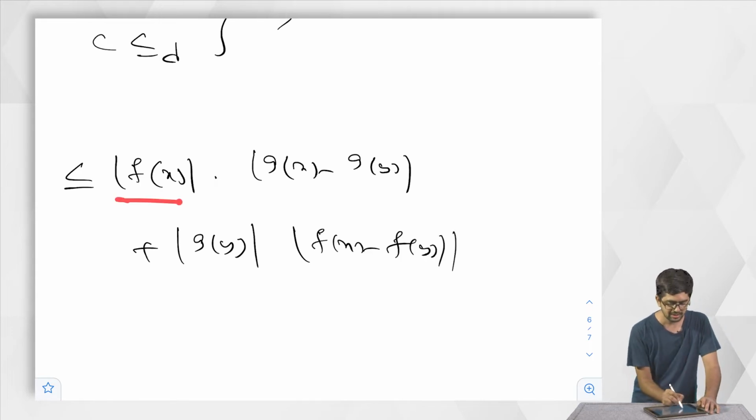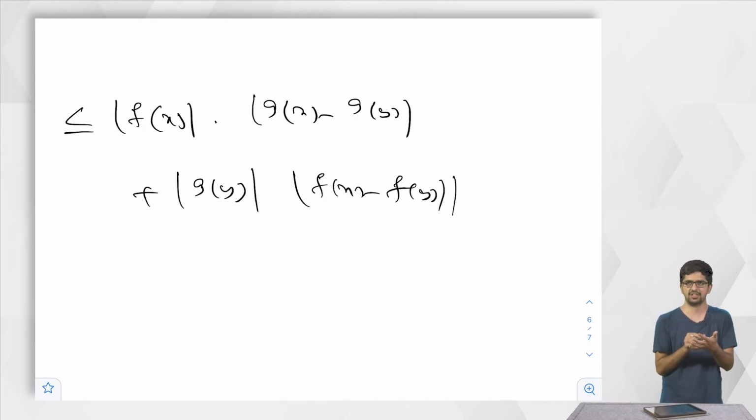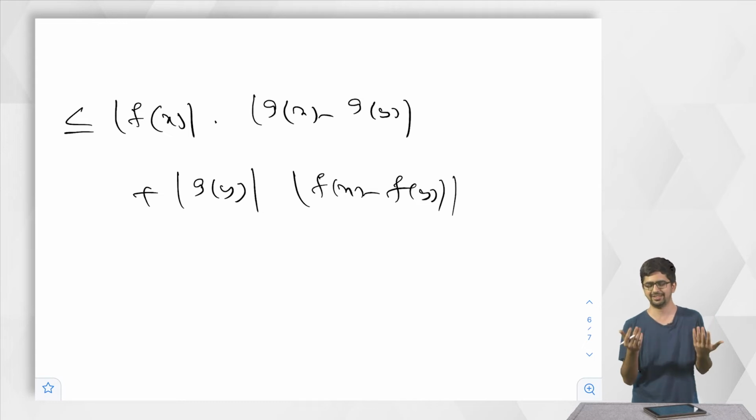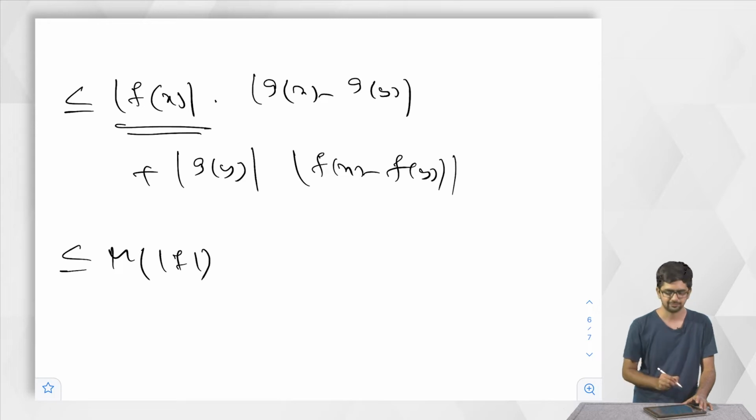Now f is defined from the closed interval [a, b] to R, so it attains a maximum. So one can just replace this with less than or equal to M times mod f.